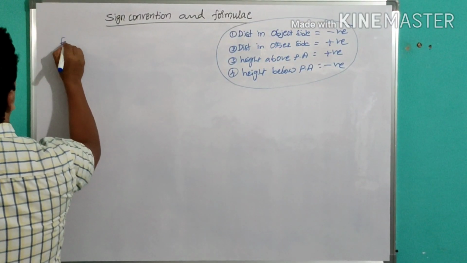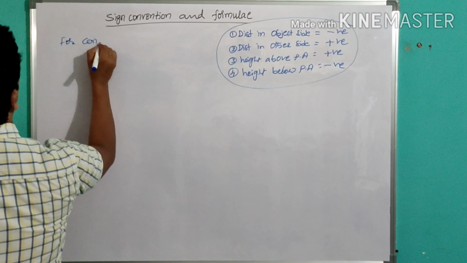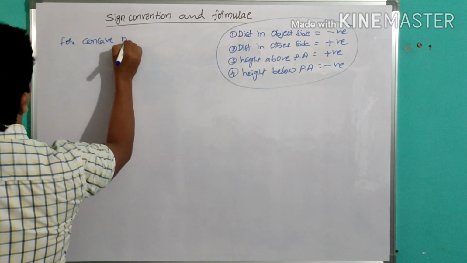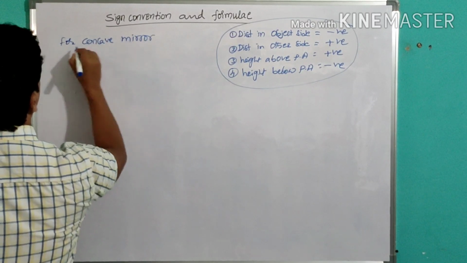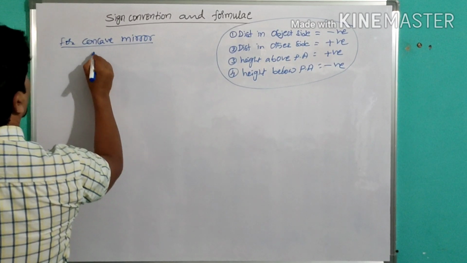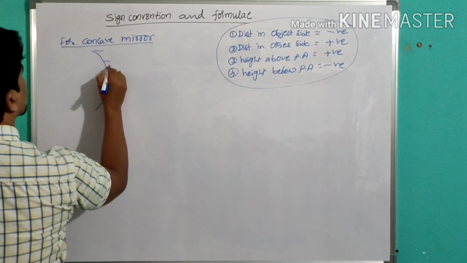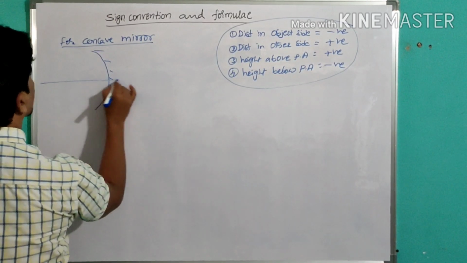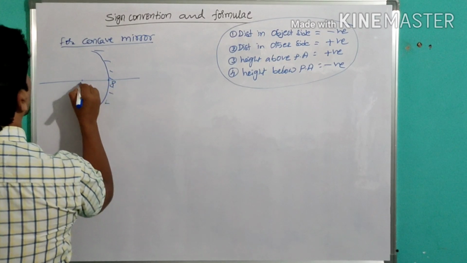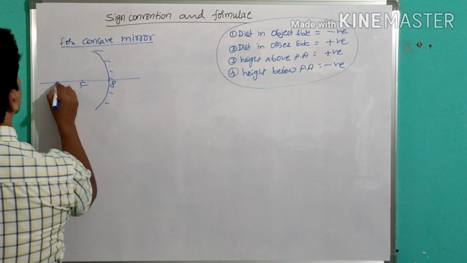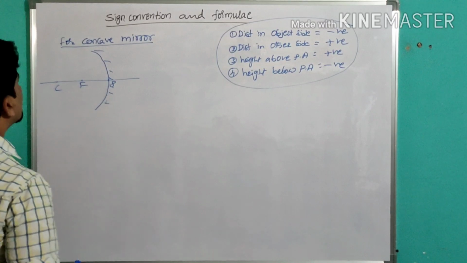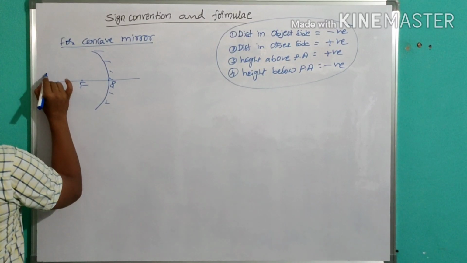First, for concave mirror. Pole, focus, center of curvature. I am taking an example illustration.